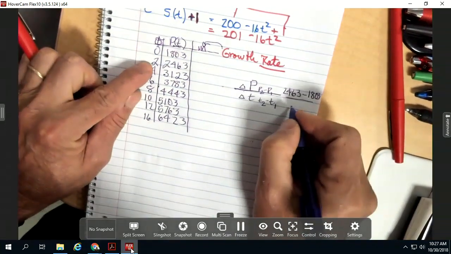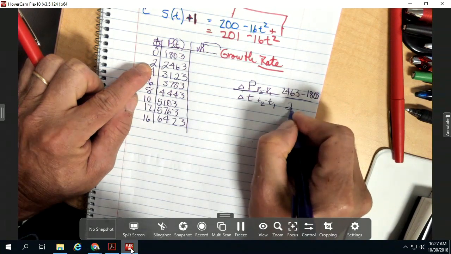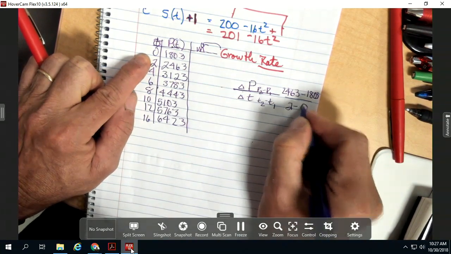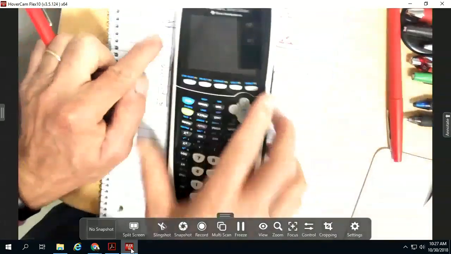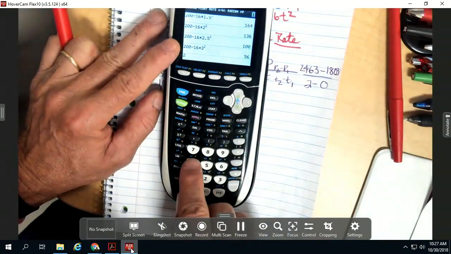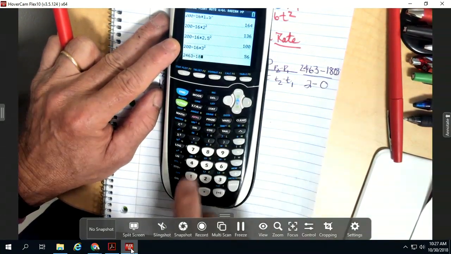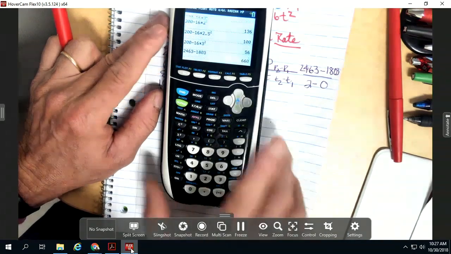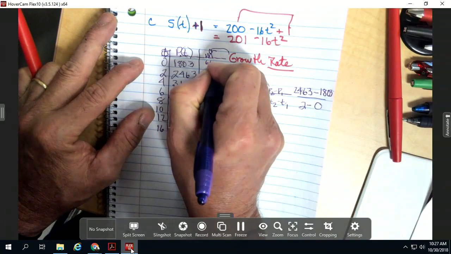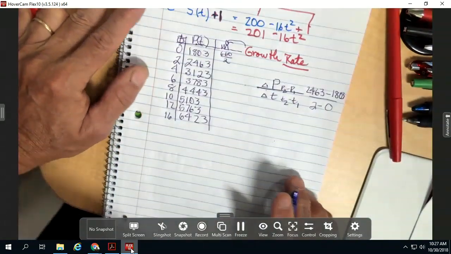Well, the second time is year 2, and the first time is year 0. So on our calculator, we're going to do 2463 minus 1803, and we get 660 for every 2 years.